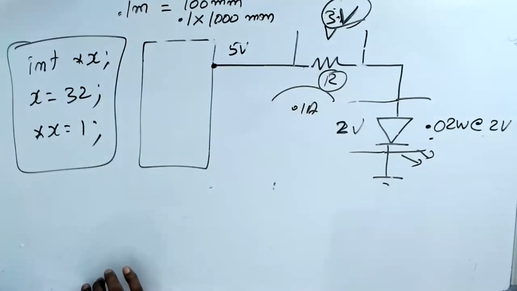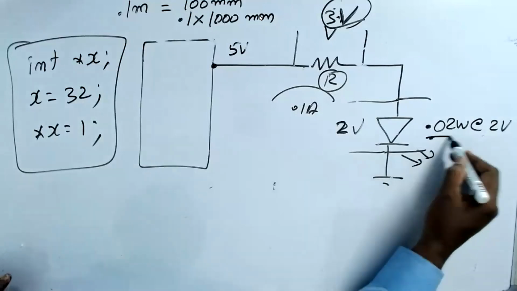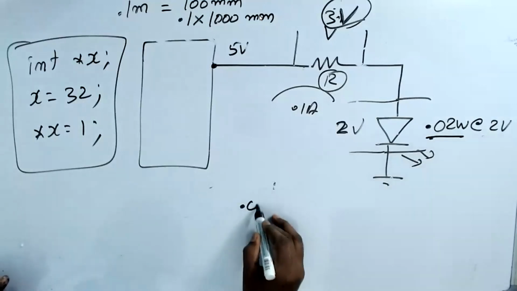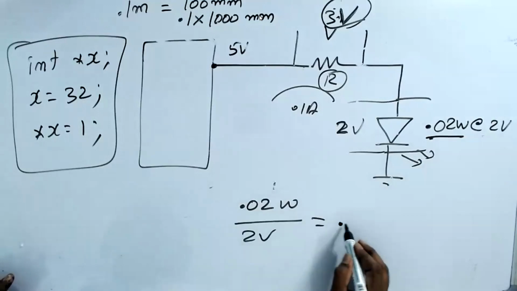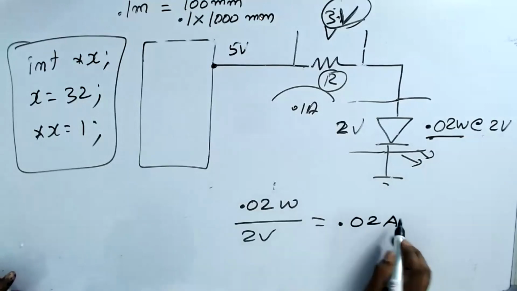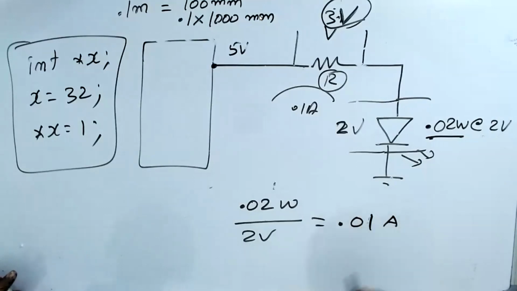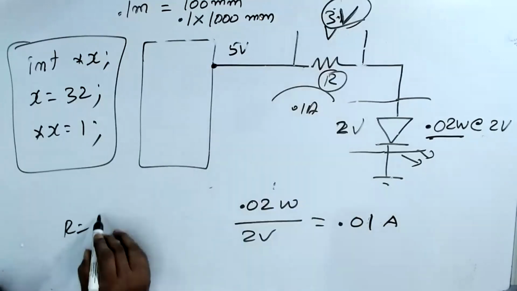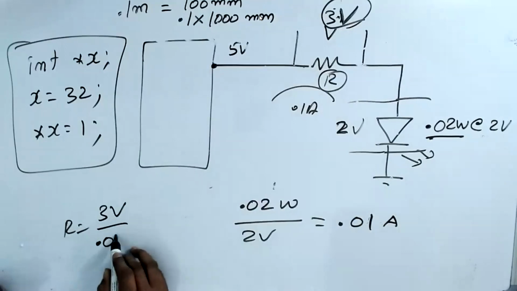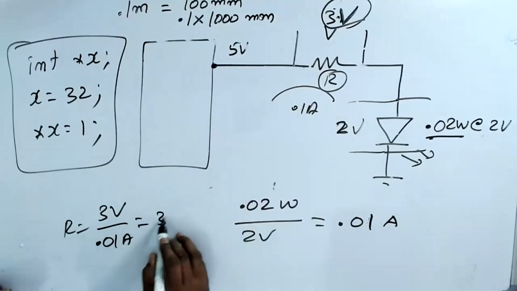Is it clear? What is the value of R? So now 0.02 watts divided by 2 volts is equal to 0.01 ampere. The 0.01 ampere for 3 volts. So R is equal to 3 volts divided by 0.01 ampere, which is equal to 300 ohm.